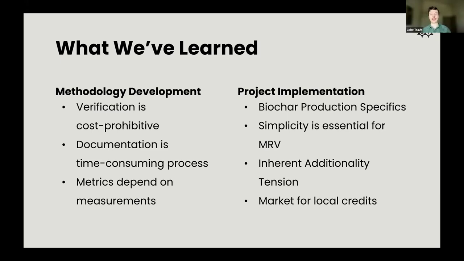We could look at the pile, measure it, and use that to derive the mass of the biochar. Our verifier, who we ended up talking to but not actually going through the whole verification process with, told us that they didn't see that as a valid way to come up with that number. And so we ended up revising.